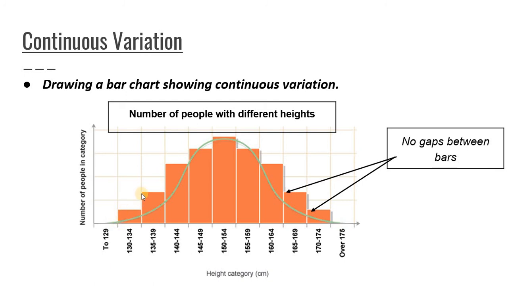Always remember, if you're trying to show a continuous variation, the bars are all together. That's how the word continuous comes about. The data are continuous.